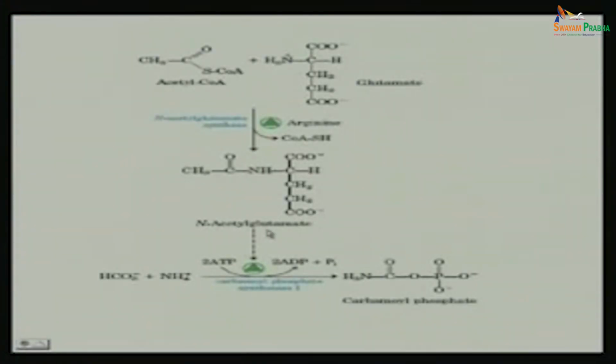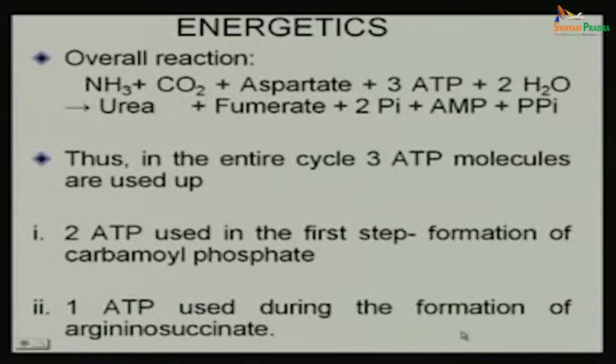This way N-acetyl glutamate is accelerating the rate of carbamoyl phosphate production in the cell.